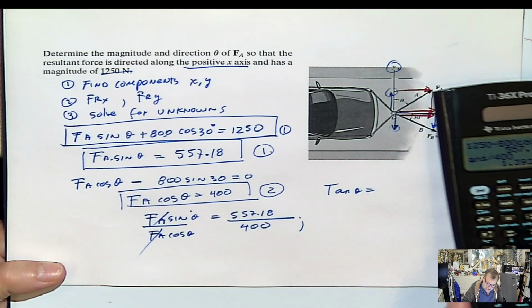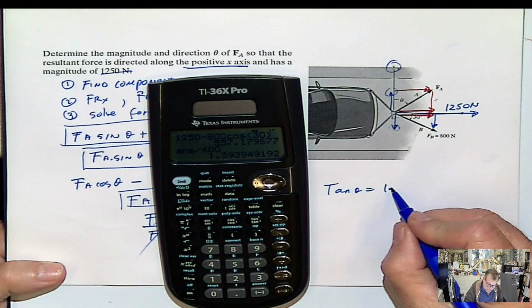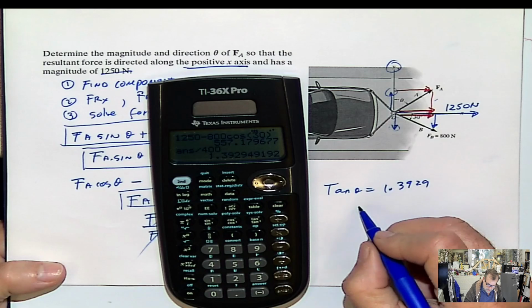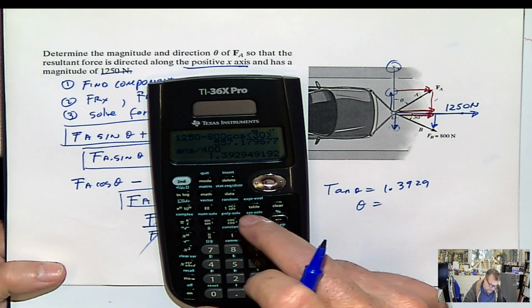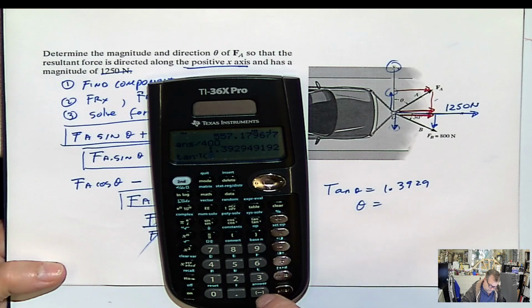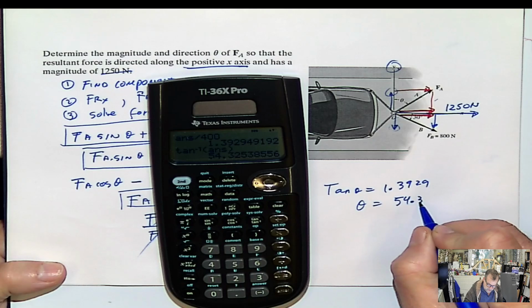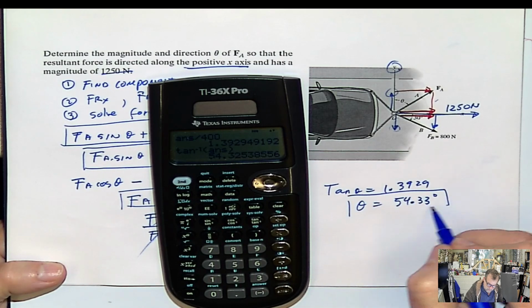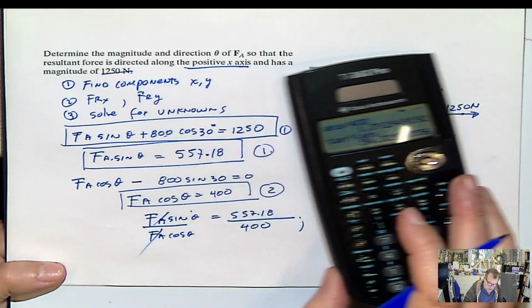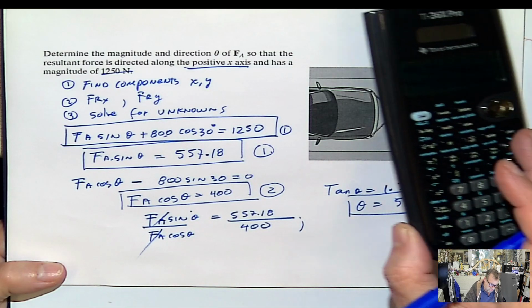That will be the tangent of the angle, 1.3929, meaning the angle is going to be inverse tangent of that, or 54.33. Done.